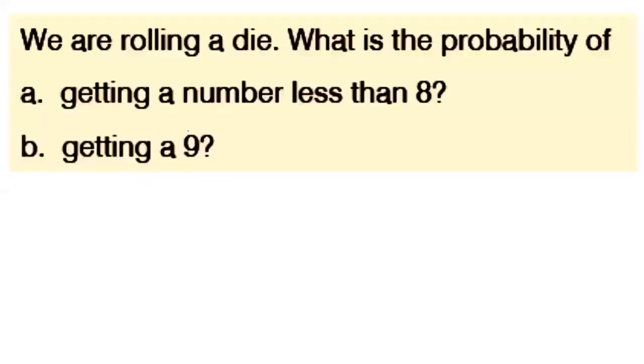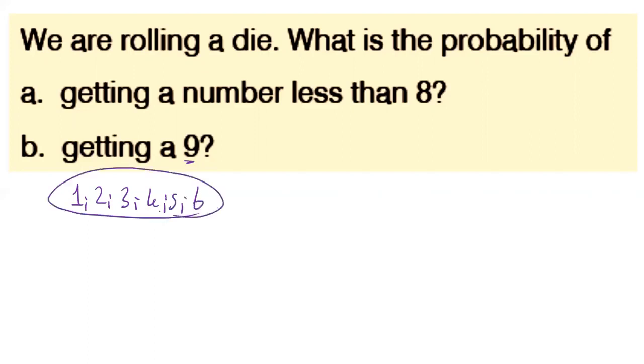And for the next one, we are rolling a die. What is the probability of A, getting a number less than 8, B, getting a number 9? As you know, on a die we have numbers from 1 to 6, so basically we have 6 faces.